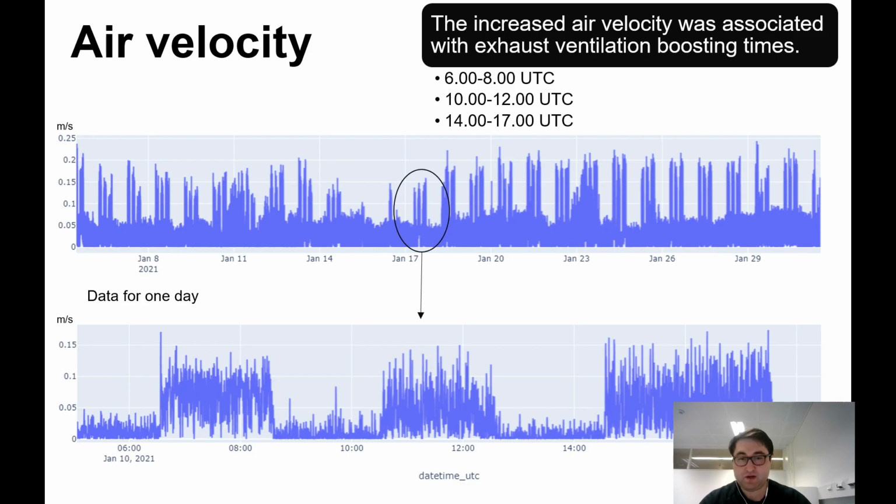It was later explained by kitchen hood fan boosting times. However, most of the peaks were lower than acceptable limits. When the kitchen hood was turned off, air velocity was lower than 0.1 meters per second, which is also within acceptable limits.